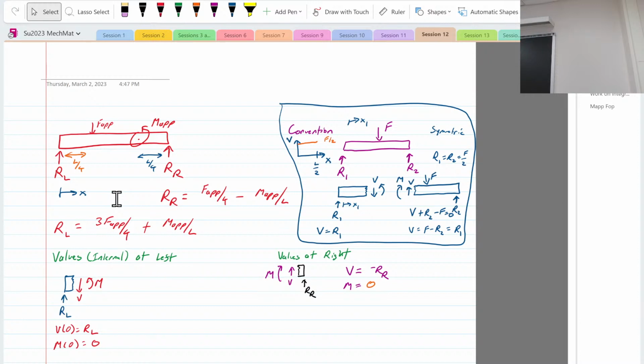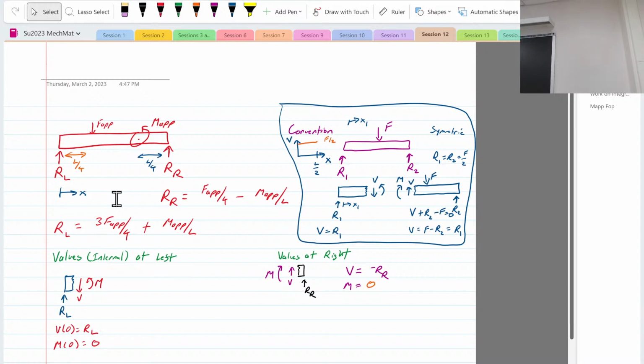So yes, because it is coming out of the board. That's correct. If I'm doing equilibrium, you can do it at the left or the right, wherever you want, but it makes sense to do your equilibrium smartly.